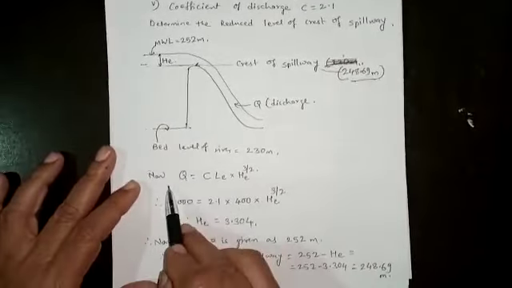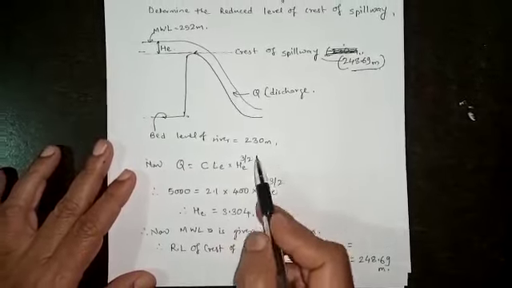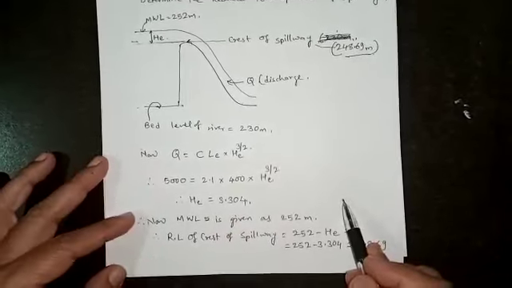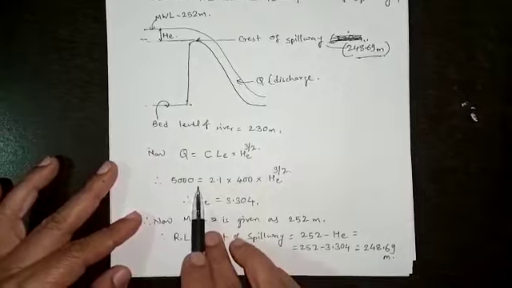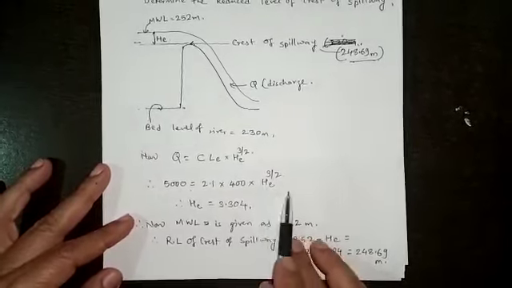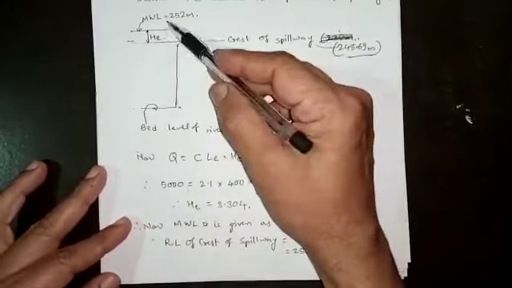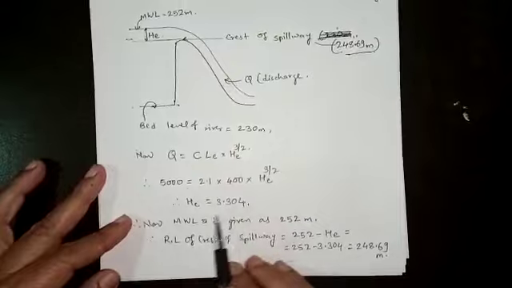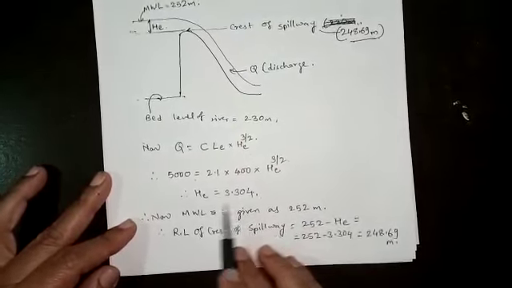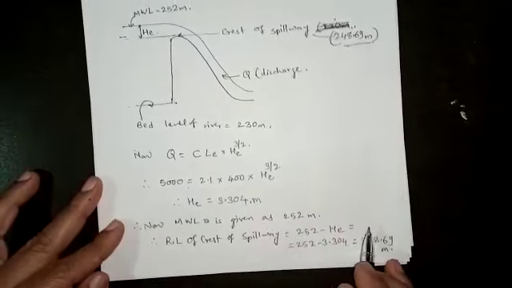Therefore, using the formula for the discharge, Q is equal to C into LE into HE raised to 3 by 2, if we put the values of Q, C and LE, HE is to be obtained. The head over the spillway, HE, is obtained as 3.304 meters.